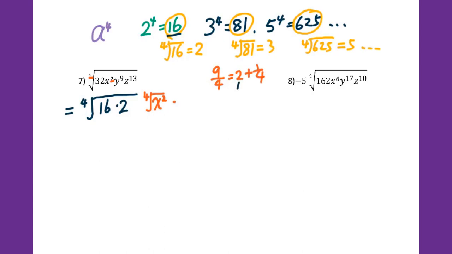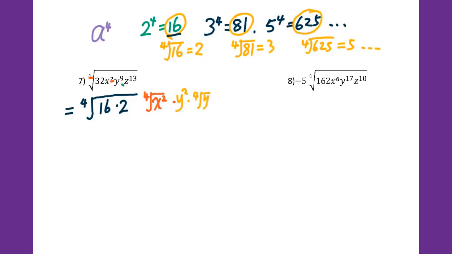Therefore, you will get y squared, then times 1 over 4, that is the 4th root of y. You think this 2 and 1 over 4 as an exponent so that you can get this. So I will write down y squared times 4th root of y.